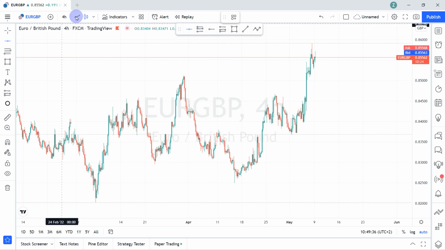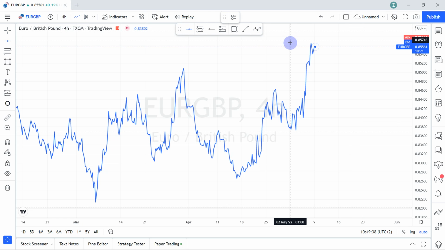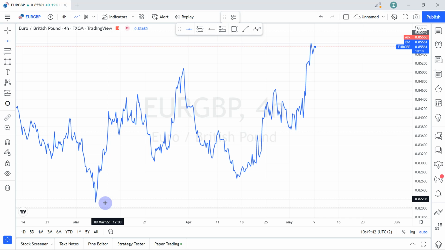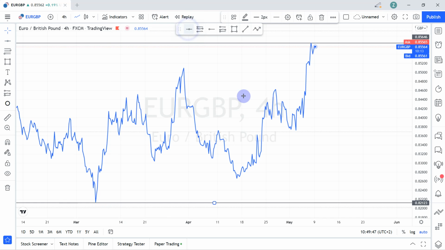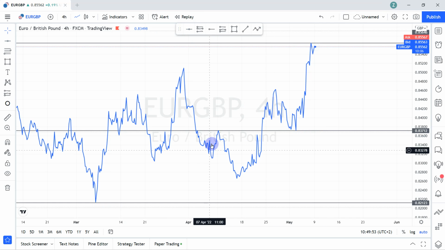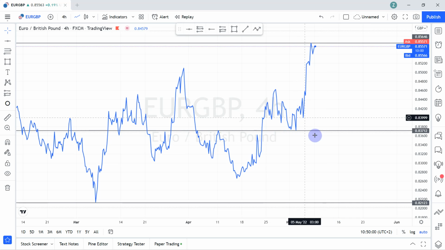On the EURGBP pair, this is my highest high, it's my lowest low. This is my previous key levels. As you can see, the market to the downside rejected. Also here it rejected, where it pushes and retests here on my key level, making it a strong key level.